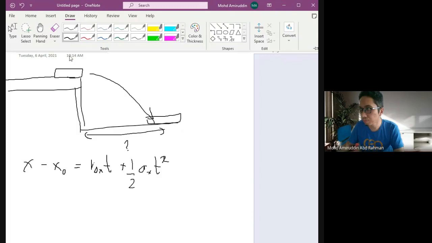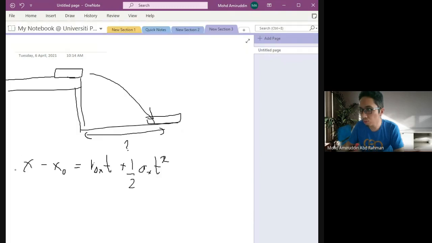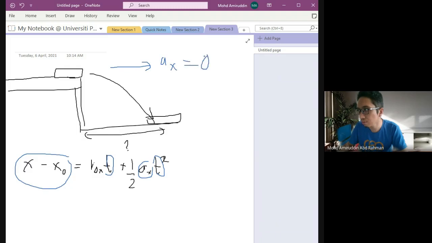So this is what you need to find. t you already have. a x: this term is 0 because a x in that direction is 0, because it just has the a y component, minus 9.8. So you have that, which equals v naught x, and you already have v naught x as 1.1.